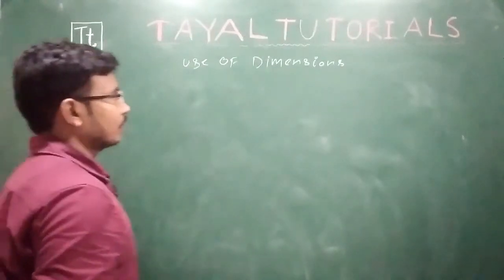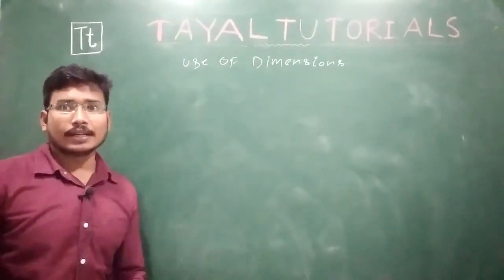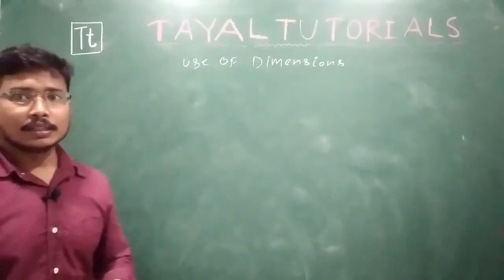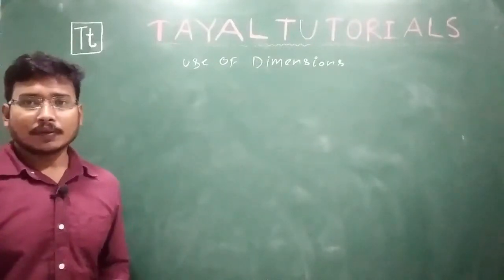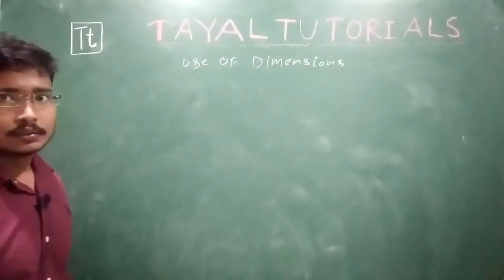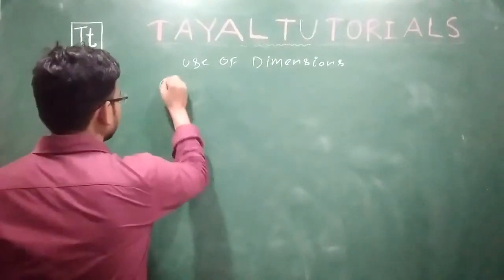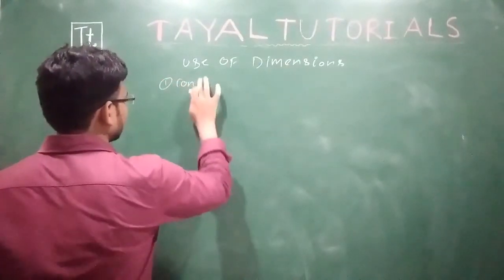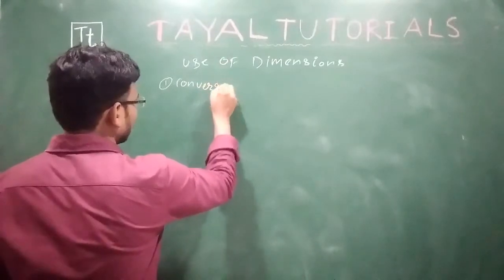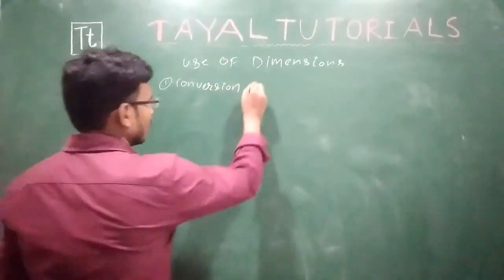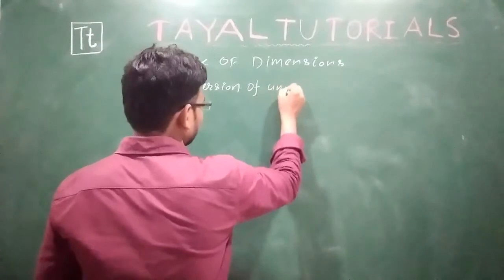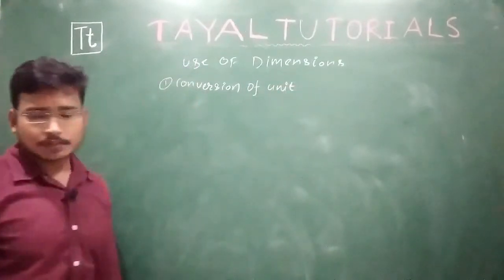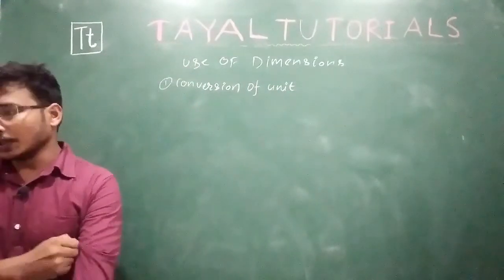If any physical quantity is given in SI unit and you want to convert it into CGS unit, you can convert it with the help of dimension. The first part is conversion of unit.